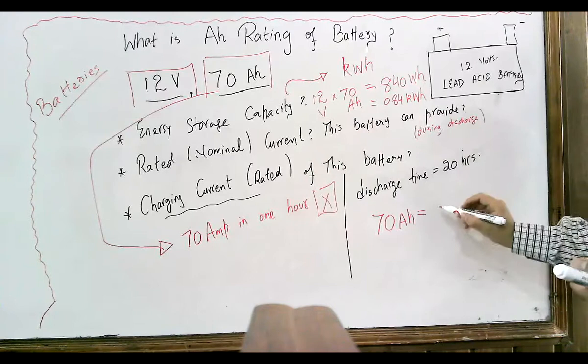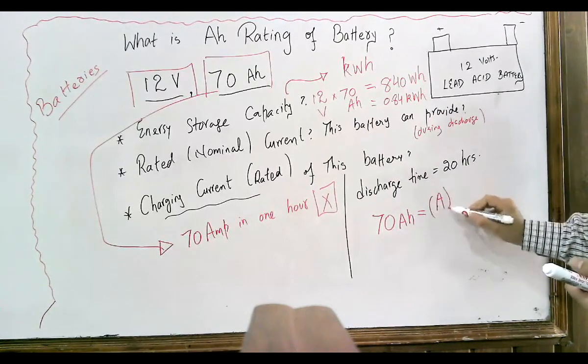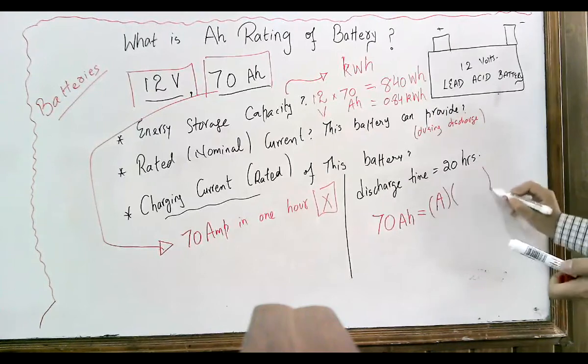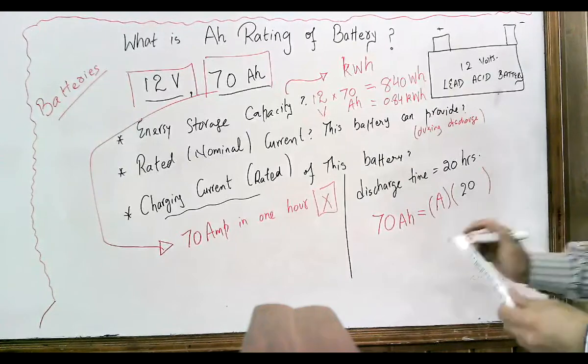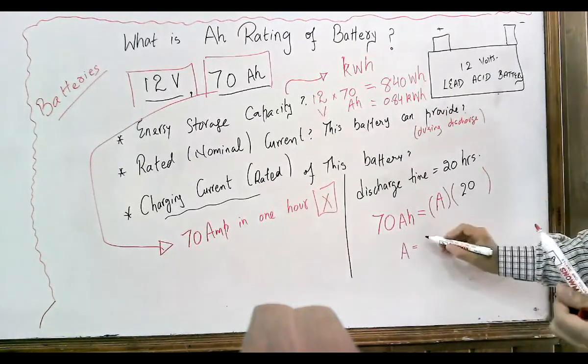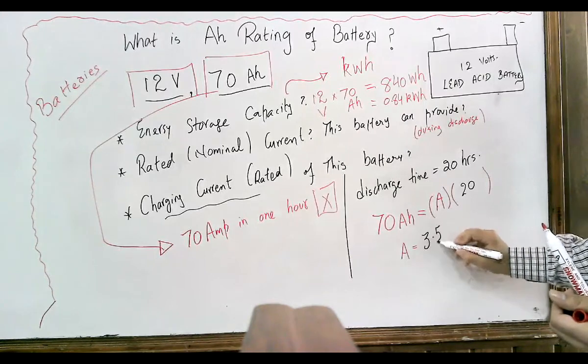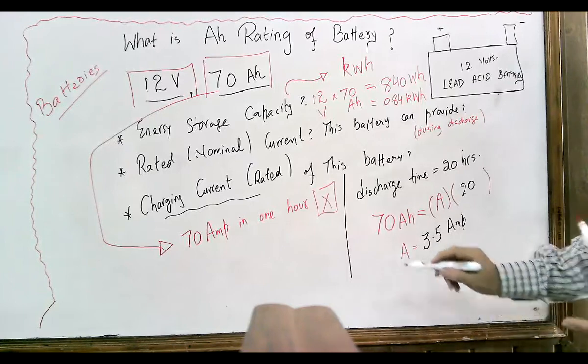How you can find out? Ampere, interested in finding out, and keeping the time here as 20. Now amperes come out to be 3.5 amperes.